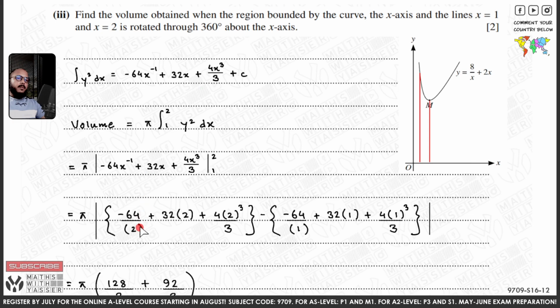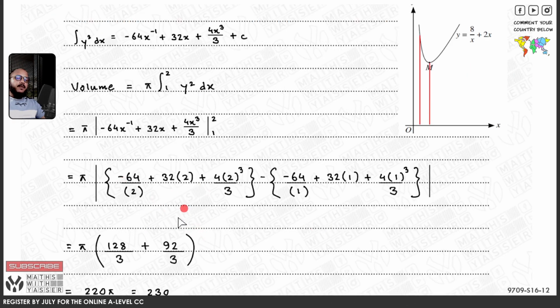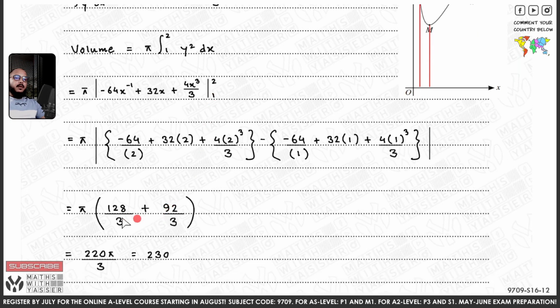That way we will be getting this, and simplifying this we get 128 over 3 plus 92 by 3. By the way, in order to find the volume you need to use this formula, which is pi integration y squared dx, if the volume is getting rotated 360 degrees about the x-axis. So this will be 220 pi over 3, which is close to 230.